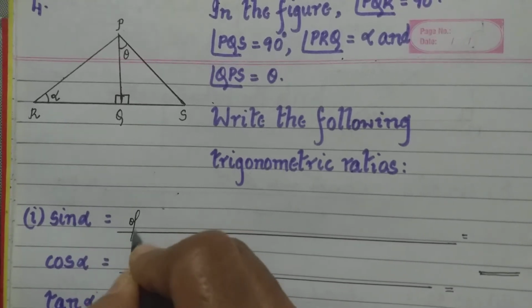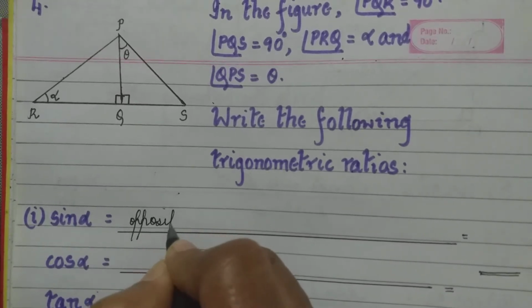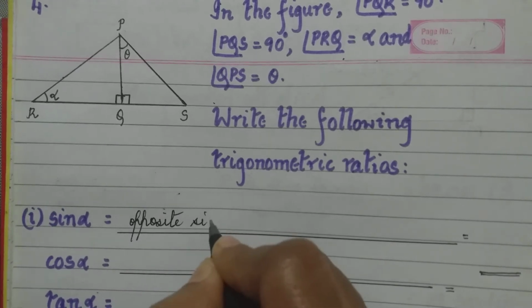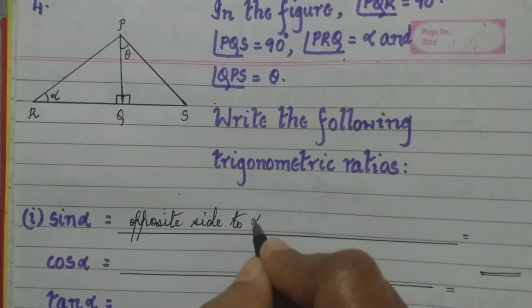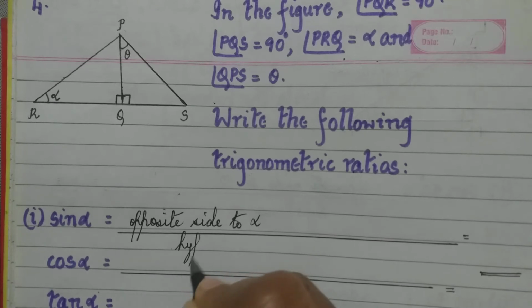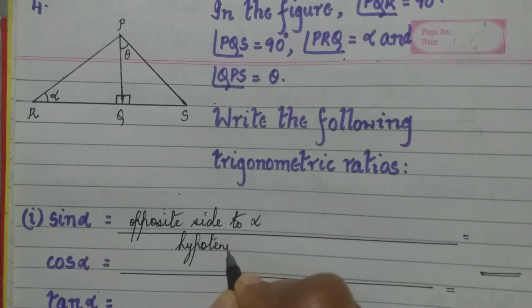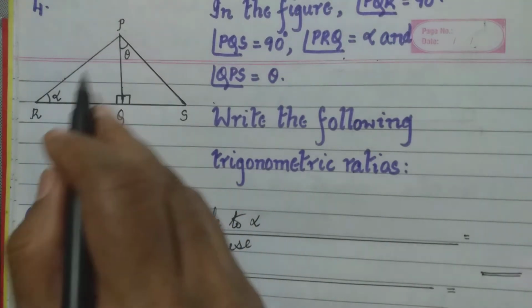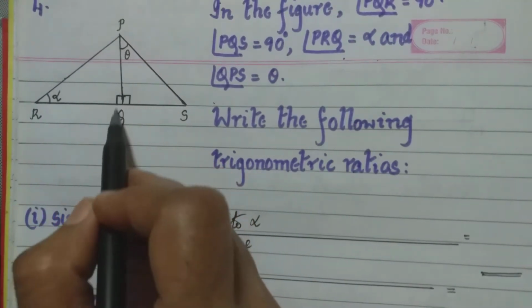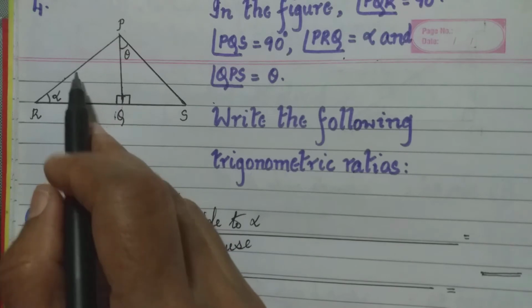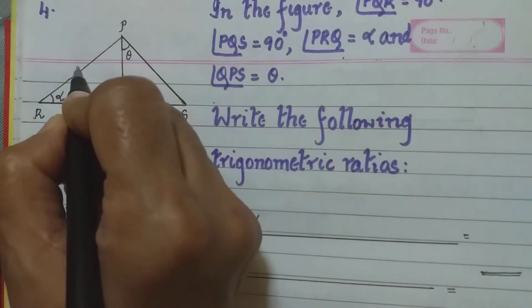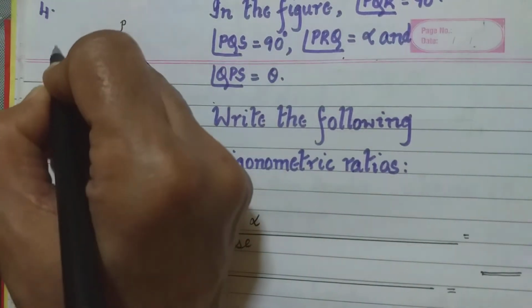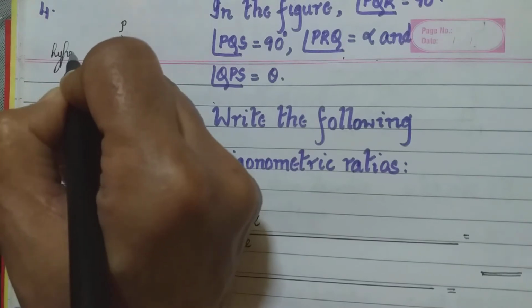So opposite side to alpha upon the hypotenuse. So we look at the angle alpha in the figure. Okay, this is a right angle triangle. Opposite side to alpha is PQ. Opposite the right angle is the hypotenuse. So we mark here, this is the hypotenuse.